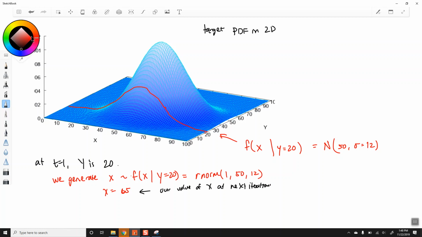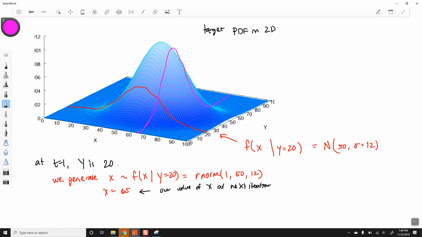I'm going to use, I guess, purple. So now I'm at x is 65, and I'm going to trace what this thing looks like. We're going to slice the thing here.